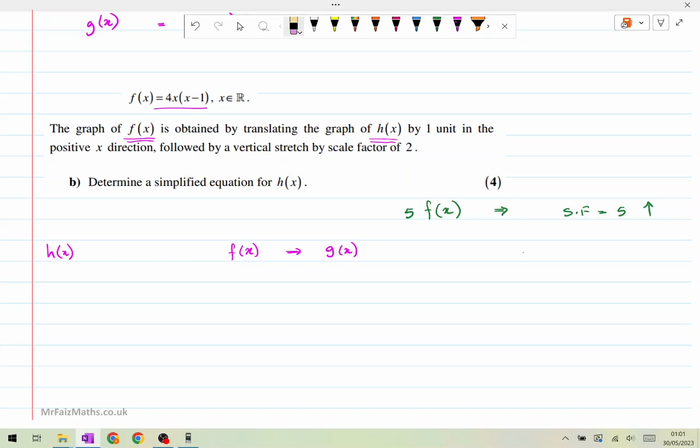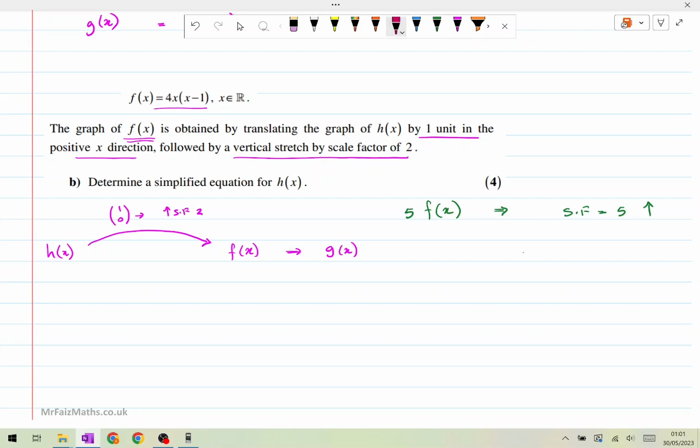So if we look at the transformations that were done to h of x, it says it was translated by 1 unit in the positive x direction. So it was moved right by 1 unit. So there's a translation by (1, 0), followed by, it says, a vertical stretch by scale factor 2.